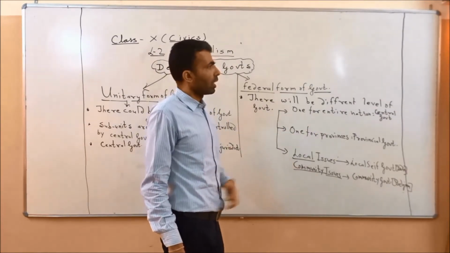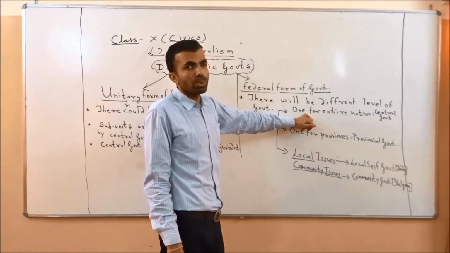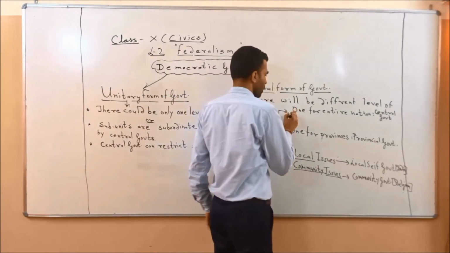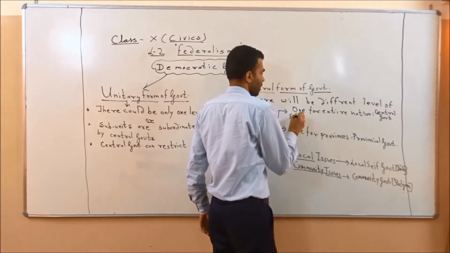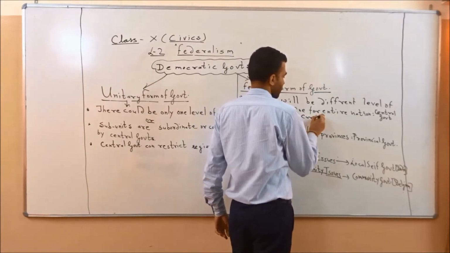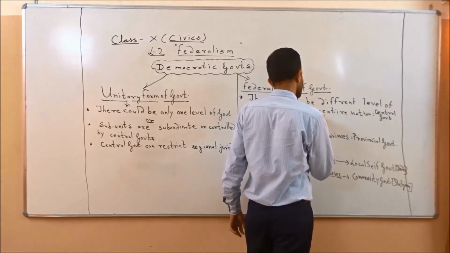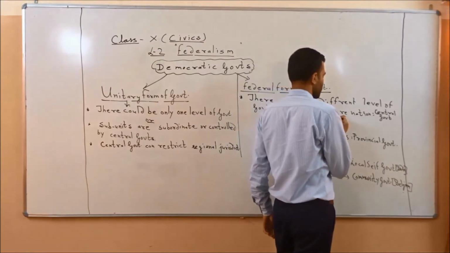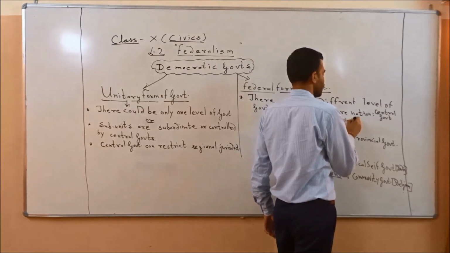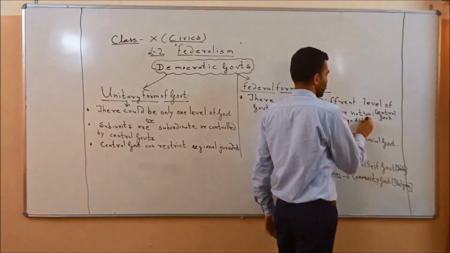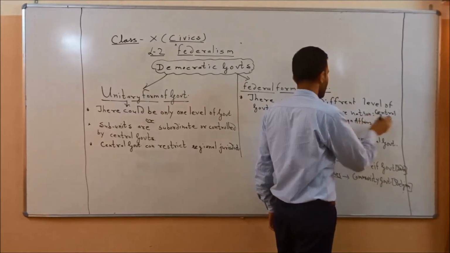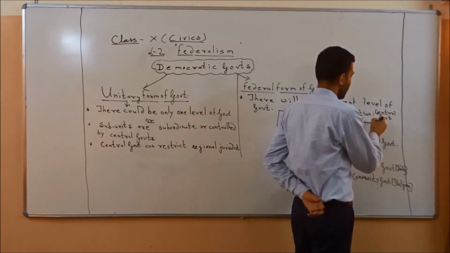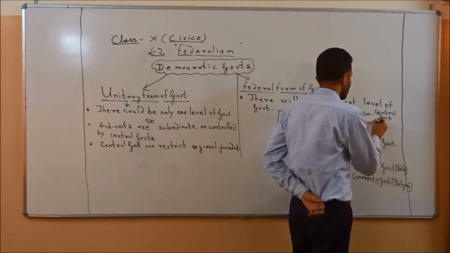There are three different governments to deal with three different issues. The central government will focus only on those issues which are of national importance. For example, it could be currency, foreign affairs, insurance.